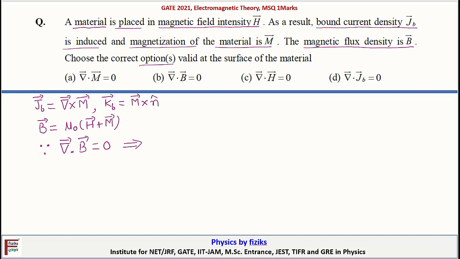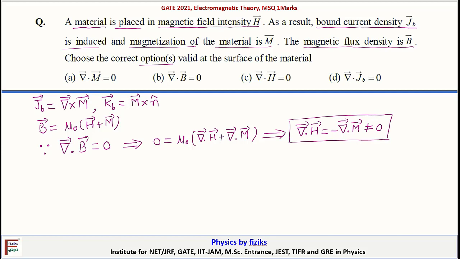So this will give you 0 equals mu naught times divergence H plus divergence of M. And this will give you divergence H is equal to minus divergence of M, and that is non-zero. So this is non-zero. Divergence of B is 0.